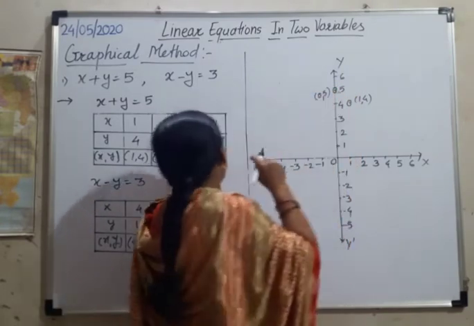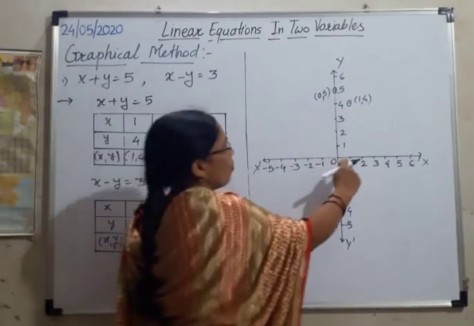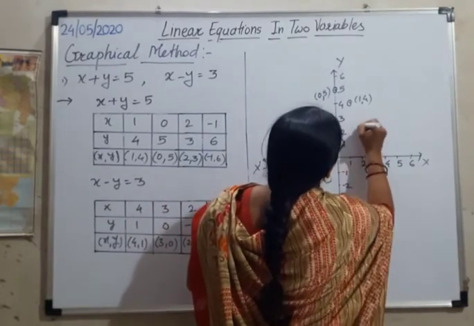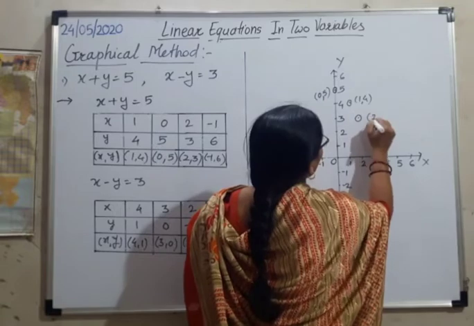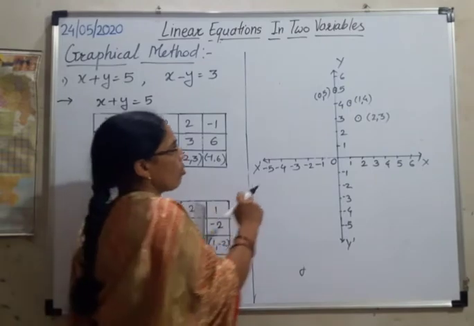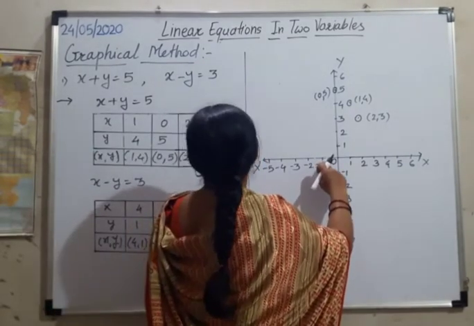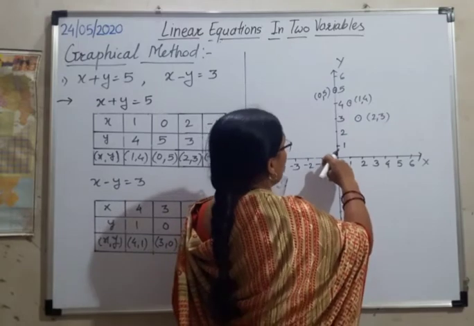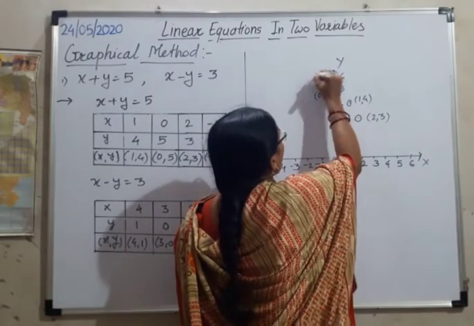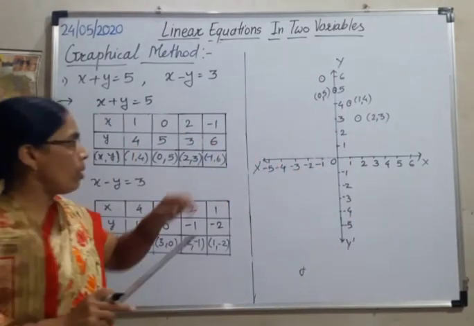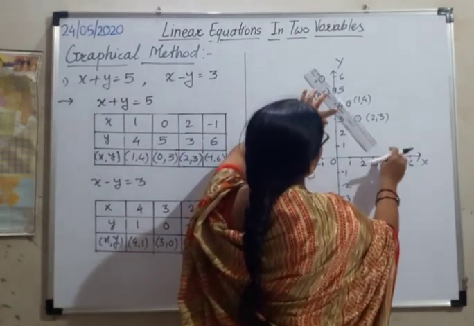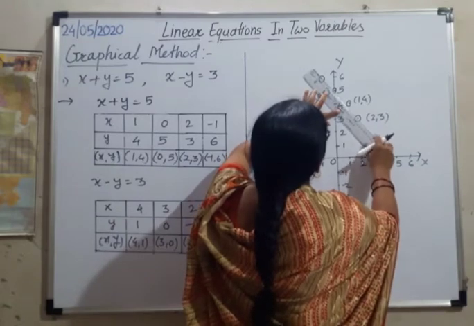The third point is 2, 3: the first is the x coordinate and the second is the y coordinate, so it will come here. And the next one is -1, 6, which means x coordinate is -1 and y coordinate is 6, so it will come here. Now after plotting all four points, we have to draw the line passing through all these four points.